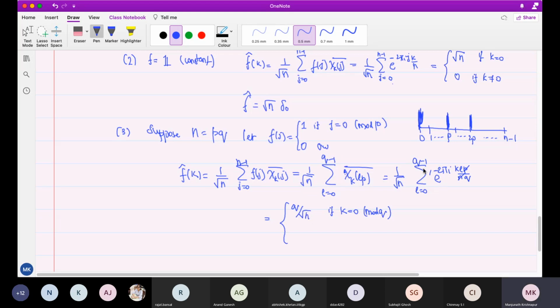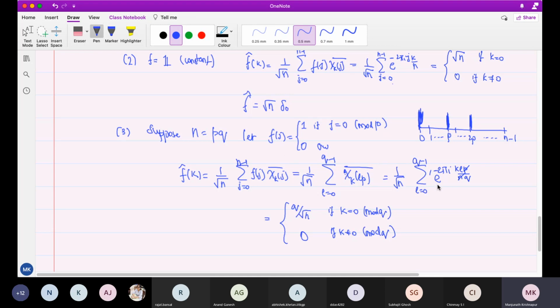Am I right about that? Yeah. So if k is 0 mod q, then I'll get q over square root n, it seems. And if k is not 0 mod q, then I get 0. This is actually the same issue as before, except that now this k can go from 0 to n minus 1.